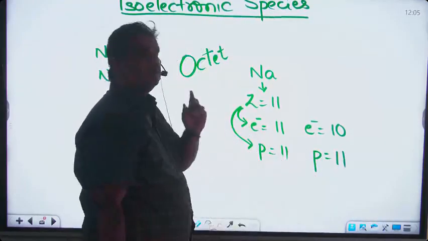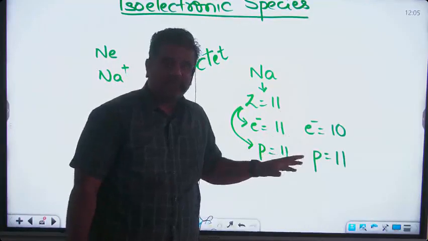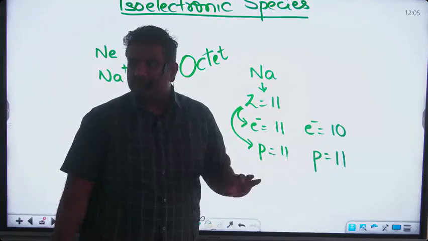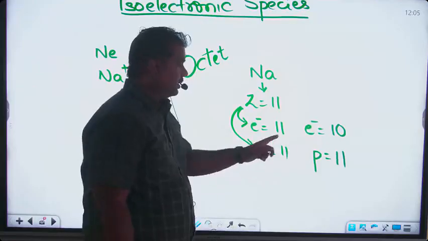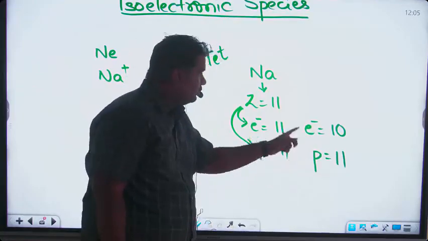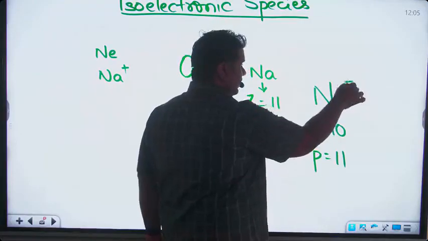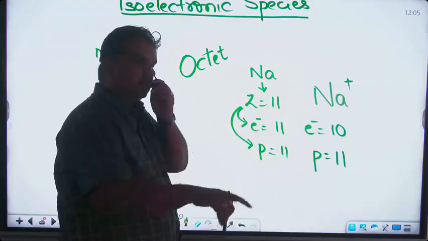The reason is that protons and neutrons are both inside the nucleus, so the proton number and neutron number will never increase or decrease, but the electron number keeps changing. Here one proton is in excess, so we write this as Na plus, because the positive charge is in excess.